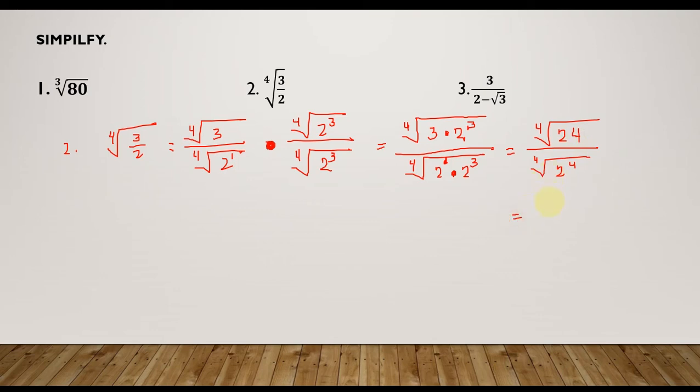Now for the last step, make sure your index and the exponent are the same, then you can eliminate this radical sign. The index and the exponent will now be removed. And we're going to have 2 as our denominator, and then the fourth root of 24 in the numerator.